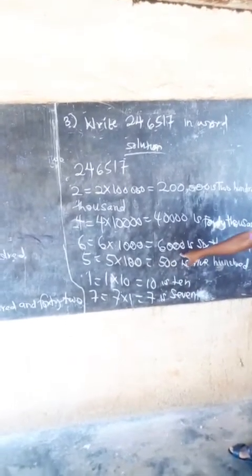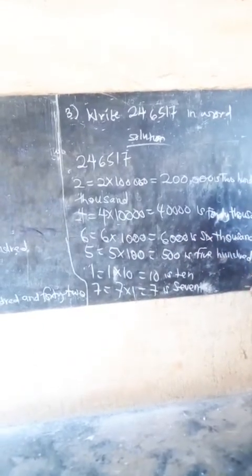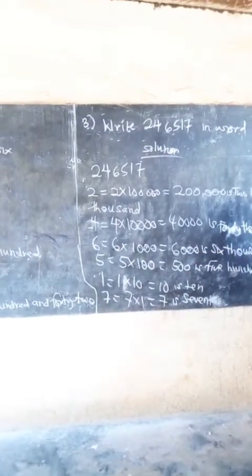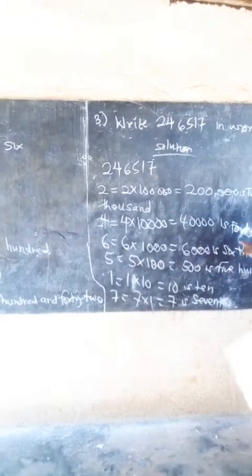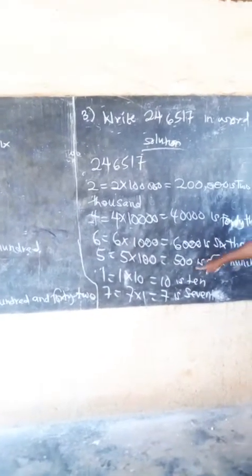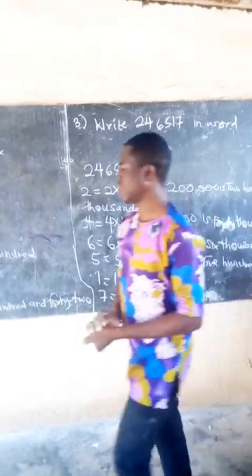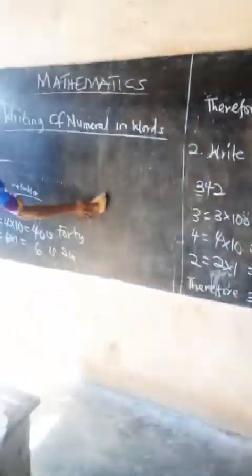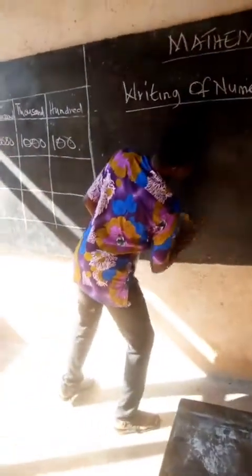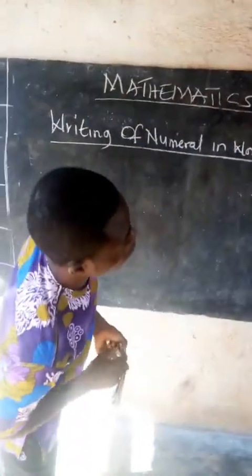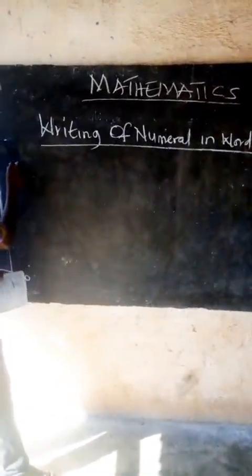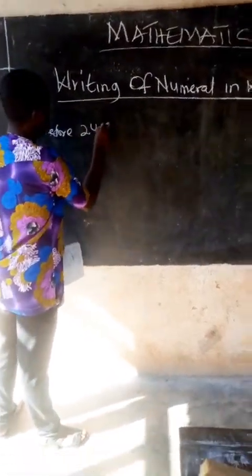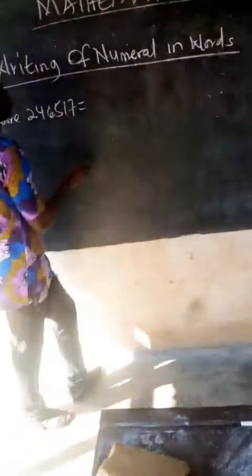So you combine 6 and 40 to give you 46,000. Combine 6 and 40 and 6 to give you 46 and 246,570. That is the answer. Therefore, 246,570 is equal to 246,570.